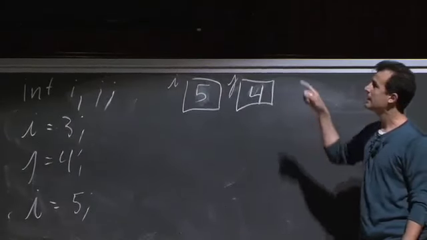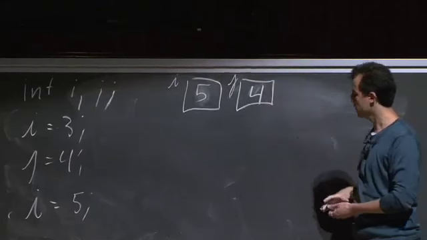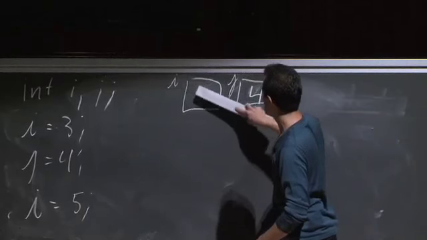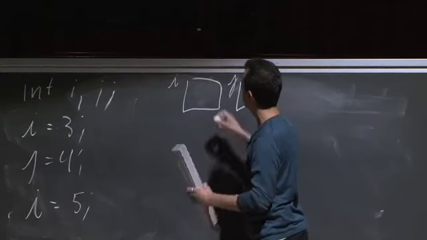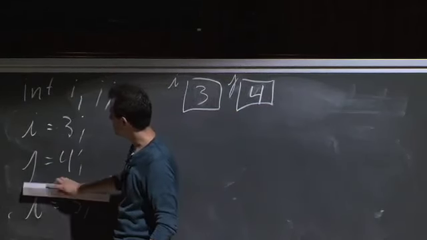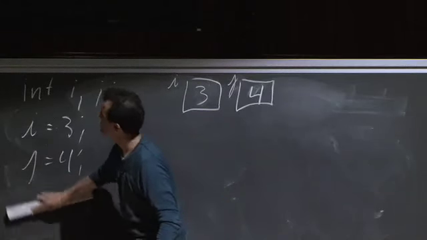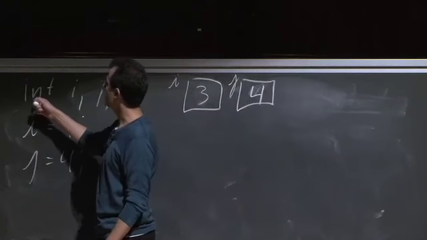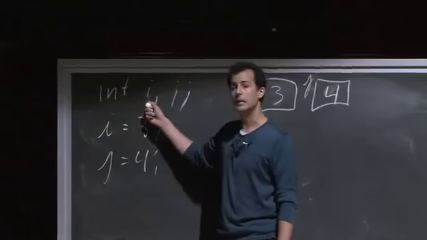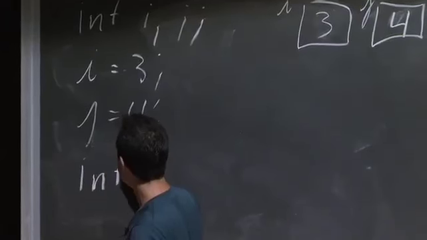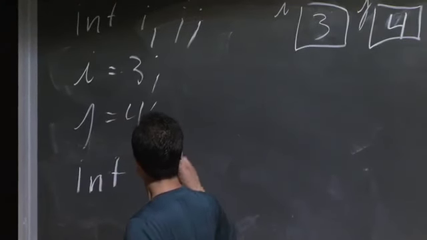But let's see if we can now leverage this idea, albeit in a little sandbox, to use the address of this thing. Suppose I want to change i from 3 to 5, but I want to kind of impress people and do it in a manner that leverages the addresses of this stuff. Well, what this slide, this picture and tutorial, are explaining is that just as you declare an int just by saying int and then the name of the thing, you declare a pointer to a data type by saying int star p.